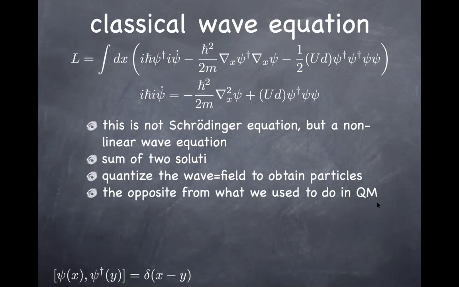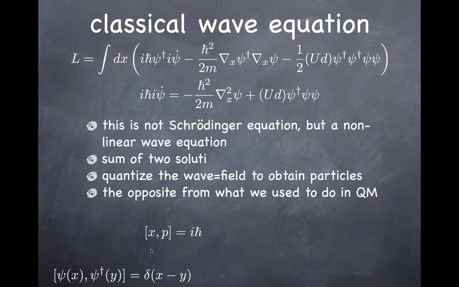That's the Schrödinger equation. On the other hand, what we do in quantum field theory is that we have this Lagrangian that has this wave equation for the field psi, and by quantizing the wave or field, you find particles out of it.